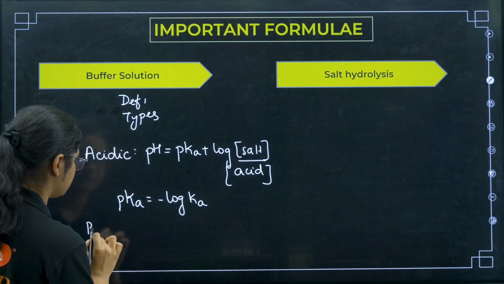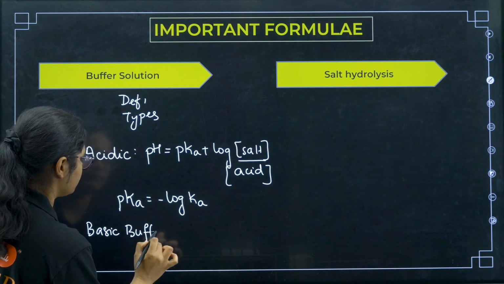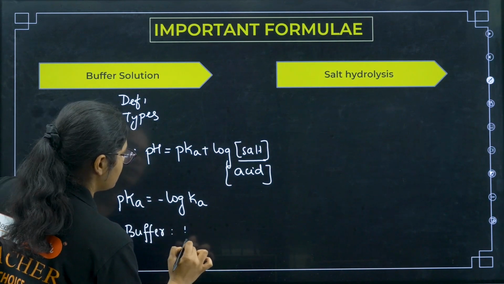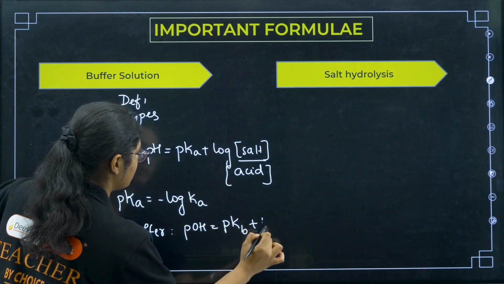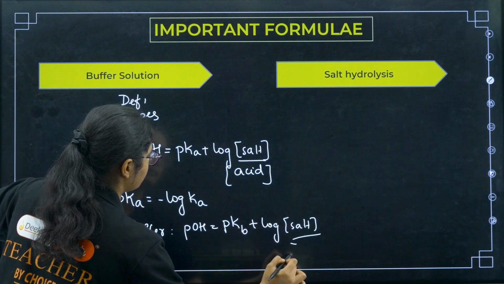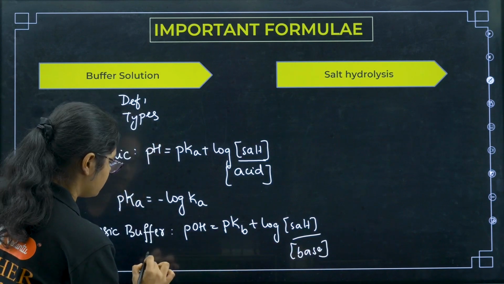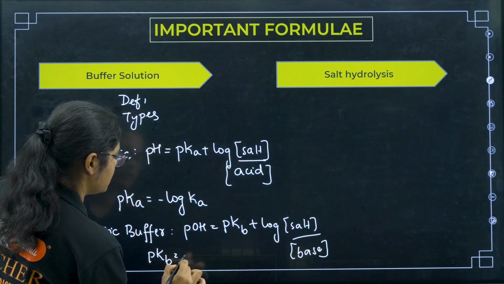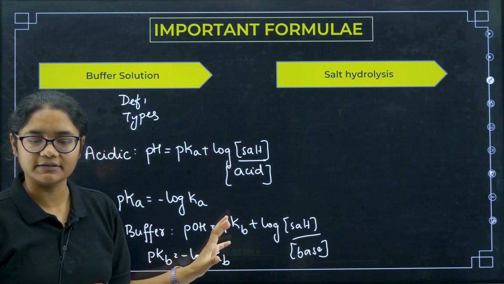And if it is a basic buffer, then the formula will be pOH = pKb + log([salt]/[base]), right? And here again, pKb is -log Kb, right? I hope all of you have remembered this formula.